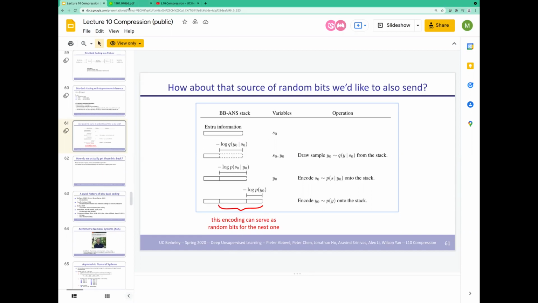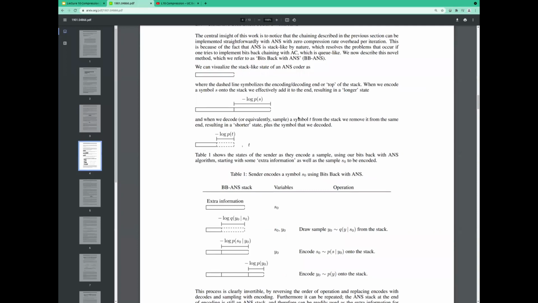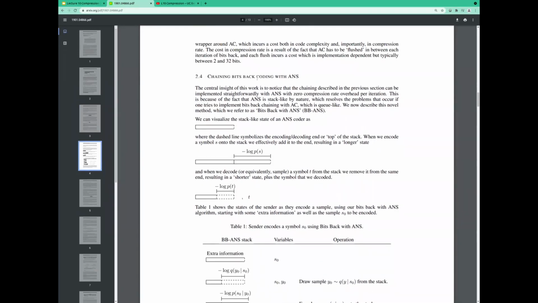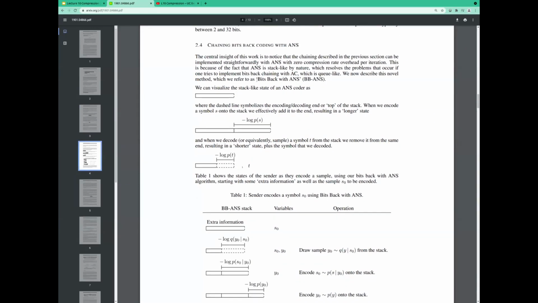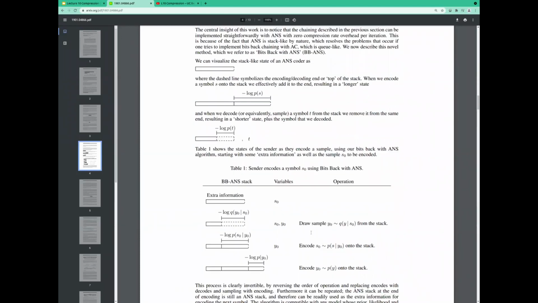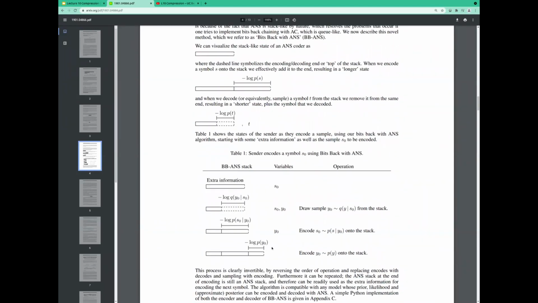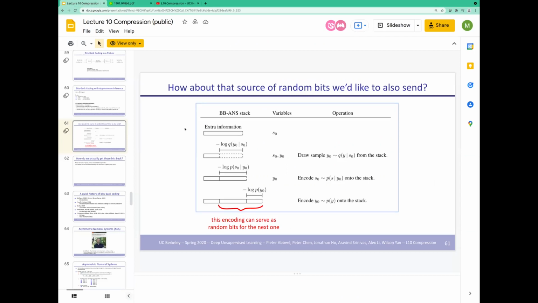And then I think they call it chaining here, so chaining bits back. And this is the exact diagram. So you just do this and you chain it over and over again until you get to the end of the message, right?